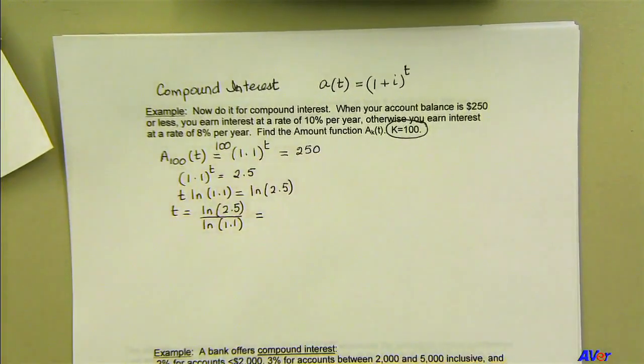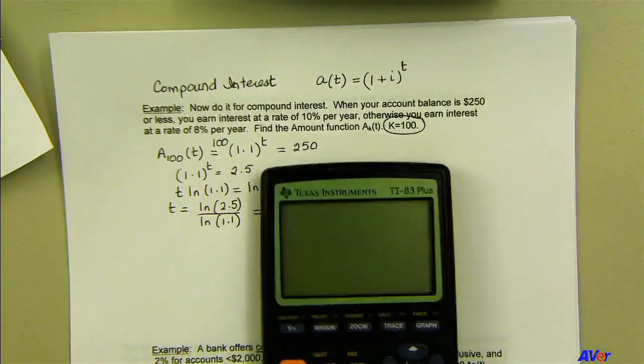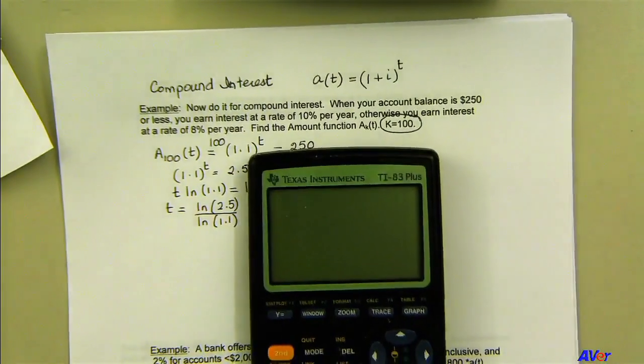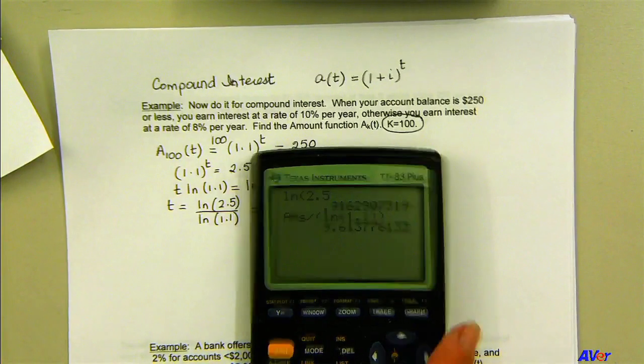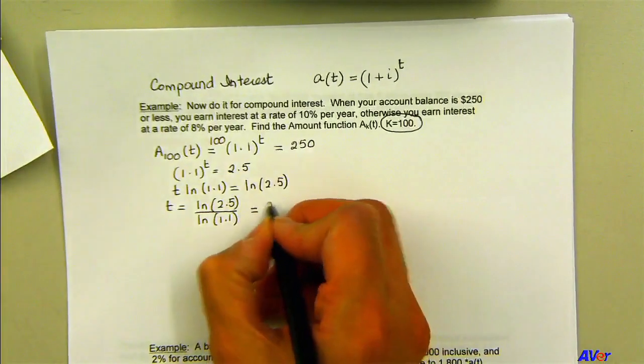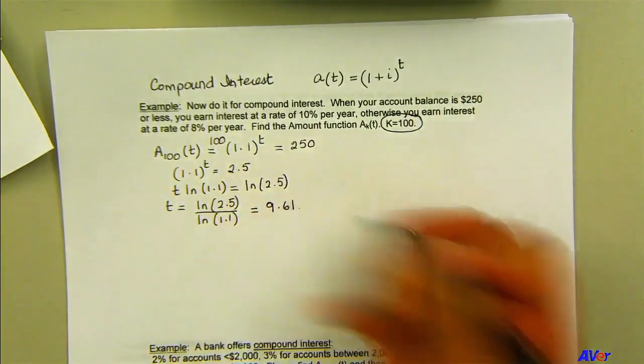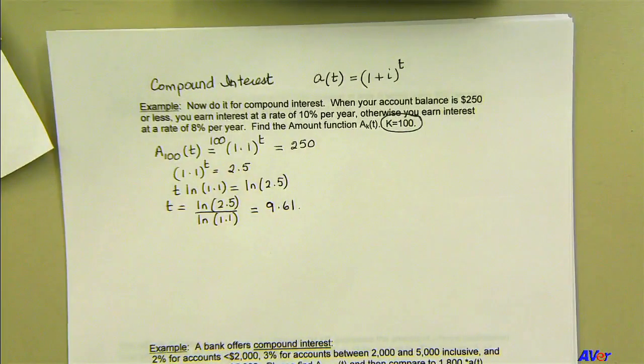Let's do it. Ln of 2.5 divided by ln of 1.1. 9.61. T equals 9.61. Okay, now what?